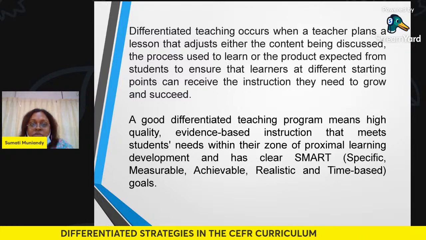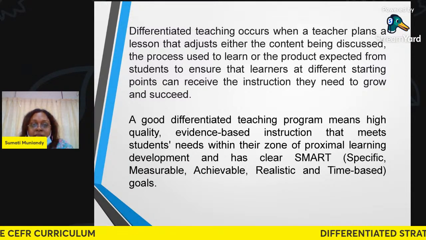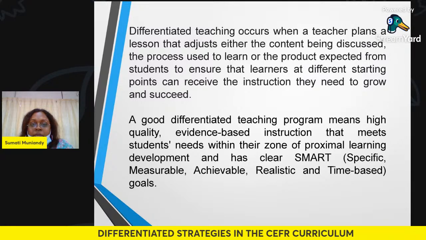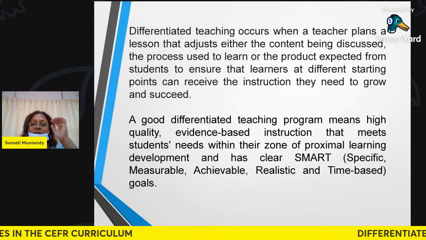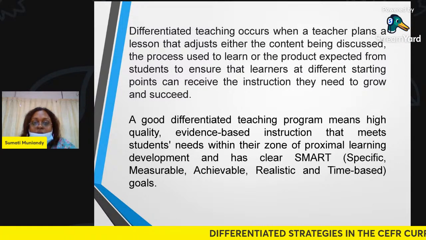Meeting student needs means that we have different types of learners with multiple intelligences. So you have to relate to that within their zone of proximal development, and have clear SMART objectives: specific, measurable, achievable.